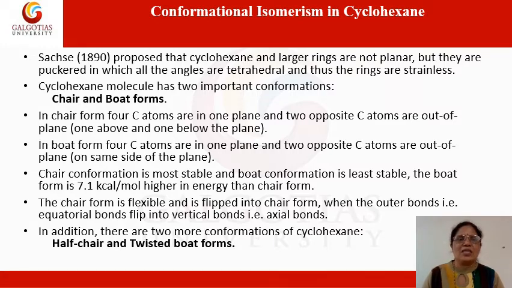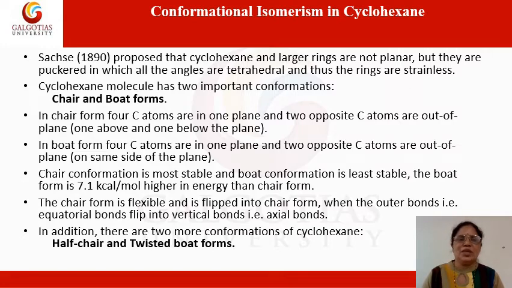So let us understand this isomerism in cyclohexane, which was proposed by Sachse in 1890, who said that cyclohexane and larger rings are not planar but puckered, in which all the angles are tetrahedral and thus the rings are strainless. The cyclohexane molecule has two important conformations, the chair form and the boat form.